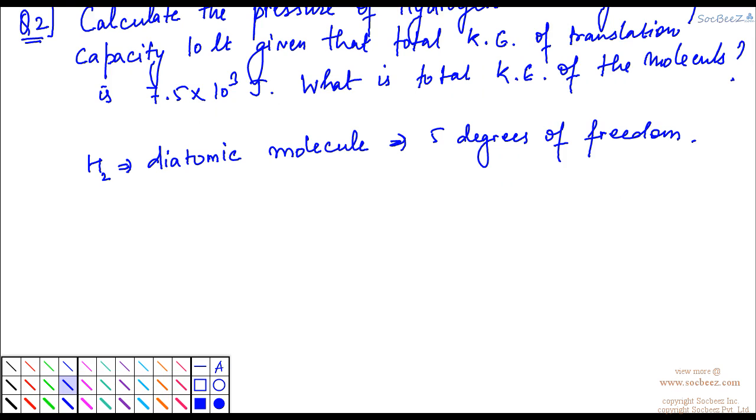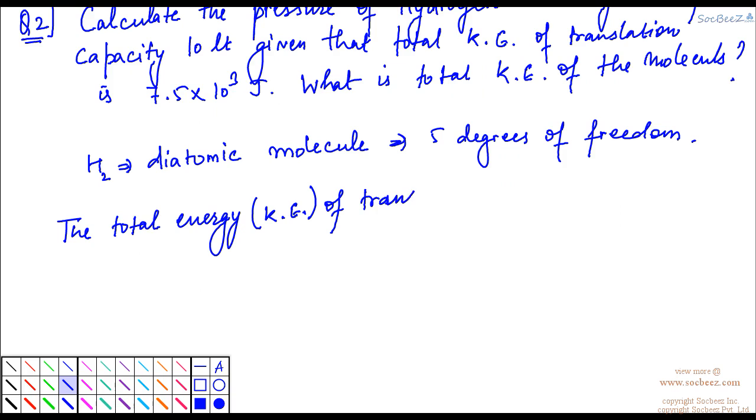Okay, so if we remember from our previous formula that we derived for a gas, the total kinetic energy of translation per molecule was 3/2 kT.